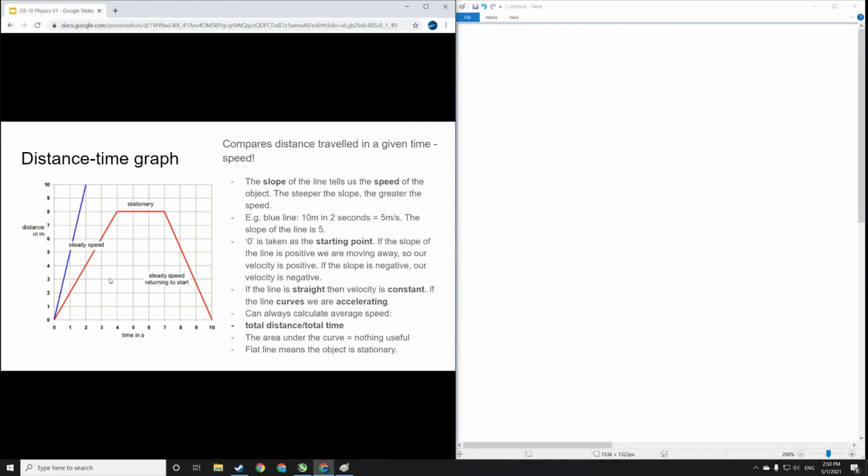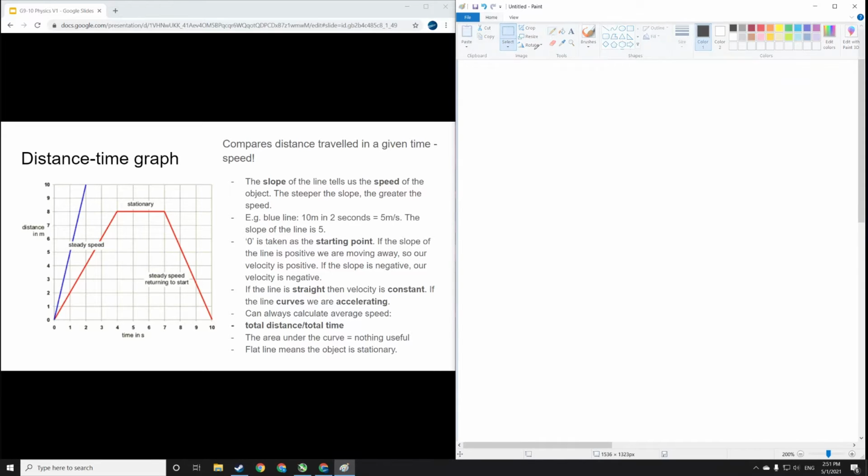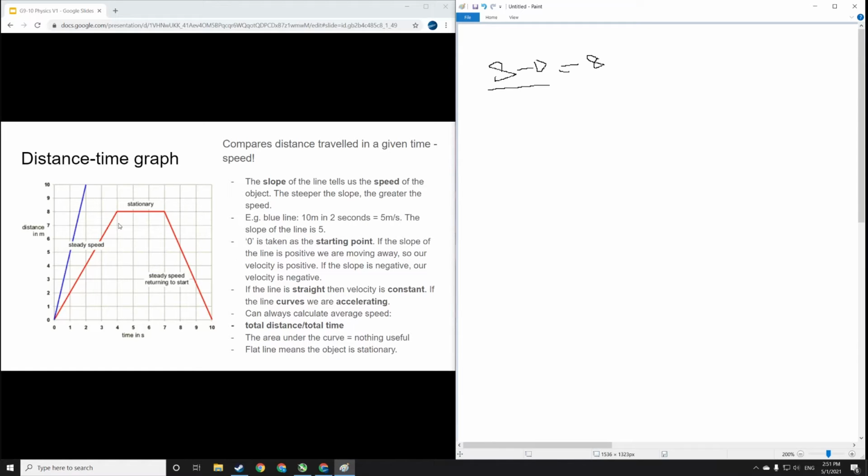So the total distance is 8 minus 0, which is just 8, divided by 4 minus 0, which is just 4. And so we get 2 meters per second as our average speed.